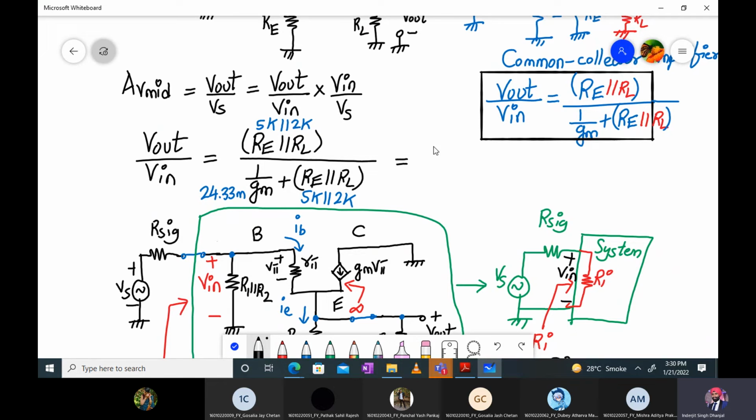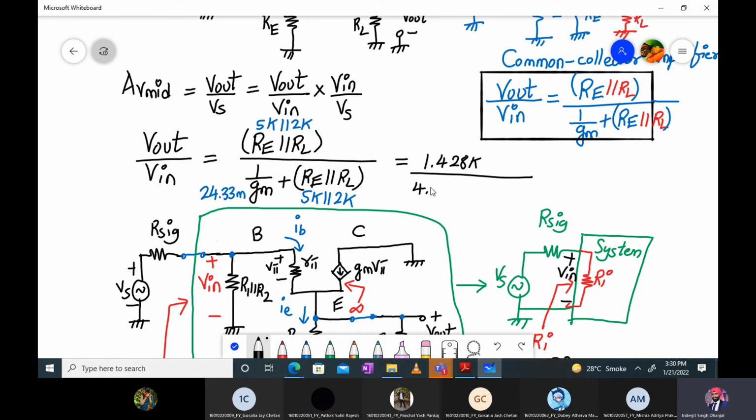So Vout upon Vin will be equal to this numerator. We will have 5K parallel to 2K. That will be, let me check in the calculator, 1.428K, divided by 1 upon 24.33 milli.